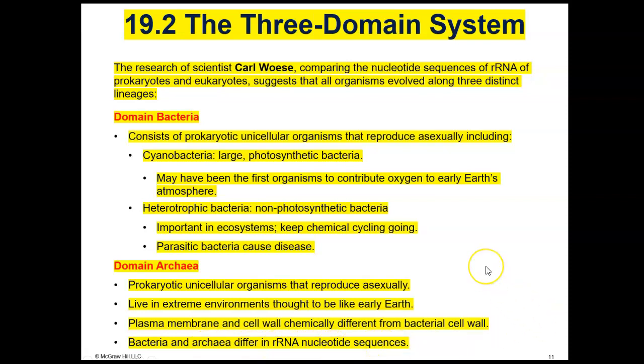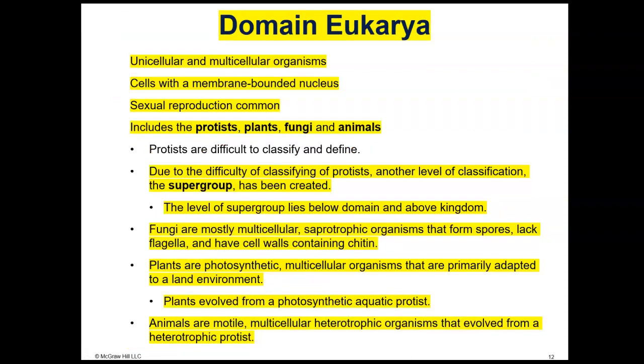Ribosomal RNA, if you remember, is used to make ribosomes, the ribosomes that make proteins. Their nucleotide sequences are actually a lot more closely linked to the eukarya. So bottom line is they seem very similar, but they're actually very, very different. They're in two different domains, the bacteria and the archaea, but they're both prokaryotes.